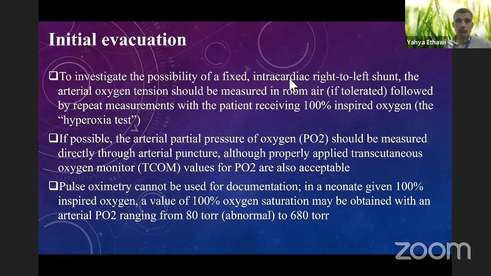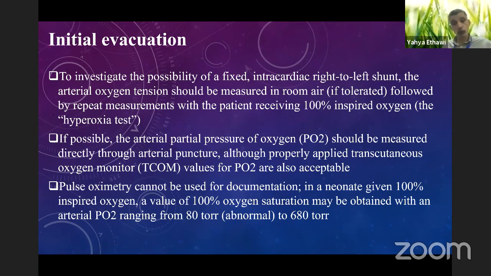When you investigate, again, you need a blood gas to tell you your PO2 and PCO2. We used to do the hyperoxia test. So what we do is we give 100% oxygen to the patient for a certain period of time, and then we either check the saturation or do a blood gas.